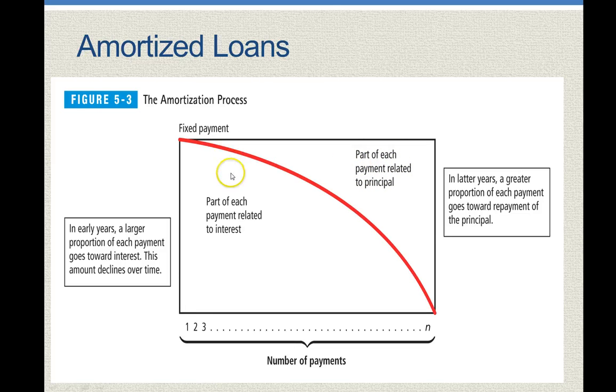And based on our discussion, the interest portion has to decline over time. So you can see that this red curve is declining. It's a downward sloping curve. And the other part, which is the principal, is increasing over time. But their sum, the height of this box, stays constant. So that's the amortized loan mortgage payment every month, every period. It's going to be fixed. So that's the general pattern of the interest portion and the principal portion.